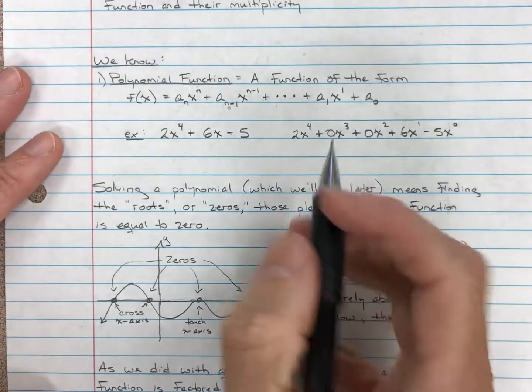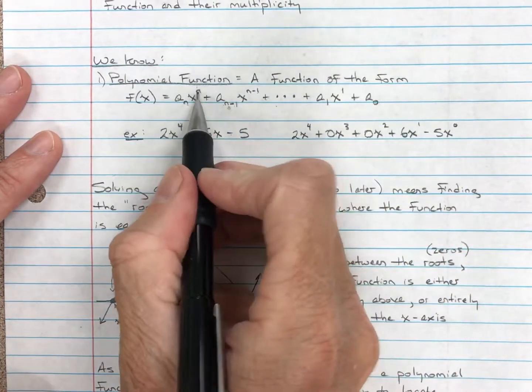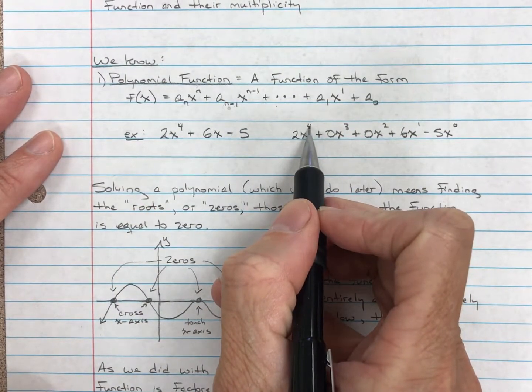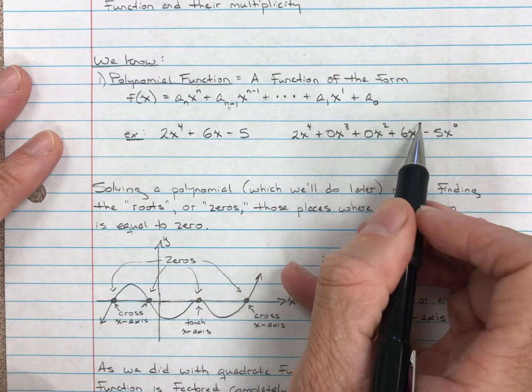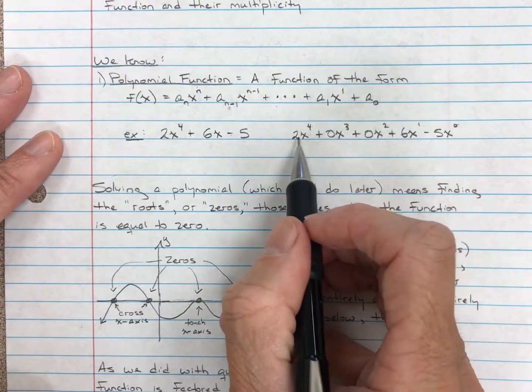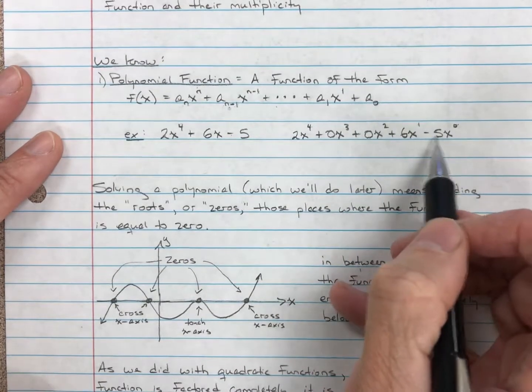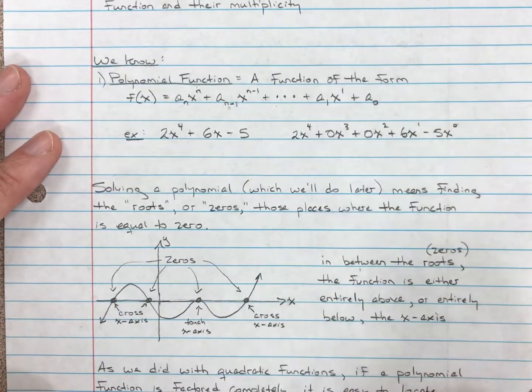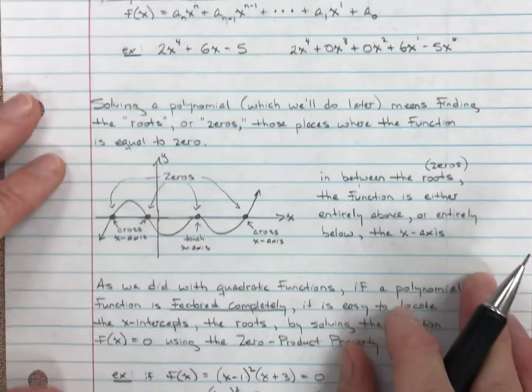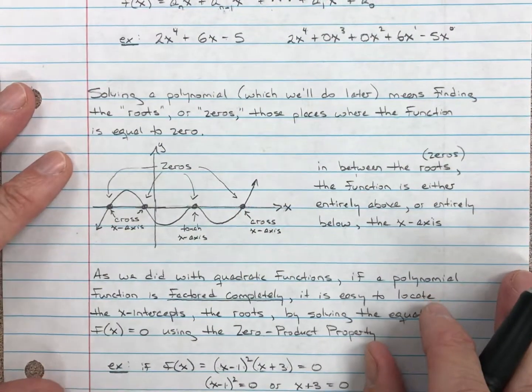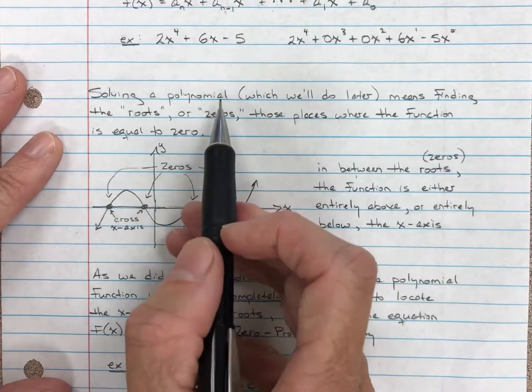You can see this is a fourth degree polynomial, so there's your 4, 3, 2, 1, 0, and there's your coefficient, coefficient, coefficient, coefficient, and then the constant, which is a coefficient. Okay, we're going to be solving polynomials in some future video lectures.